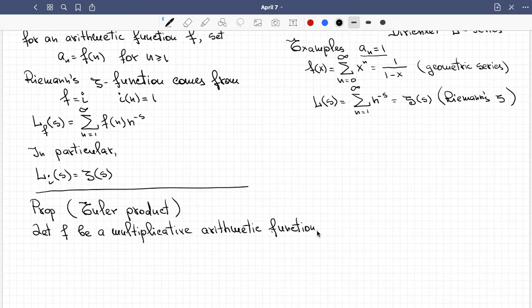Then the generating function L f of s, defined in this way, has an Euler product.